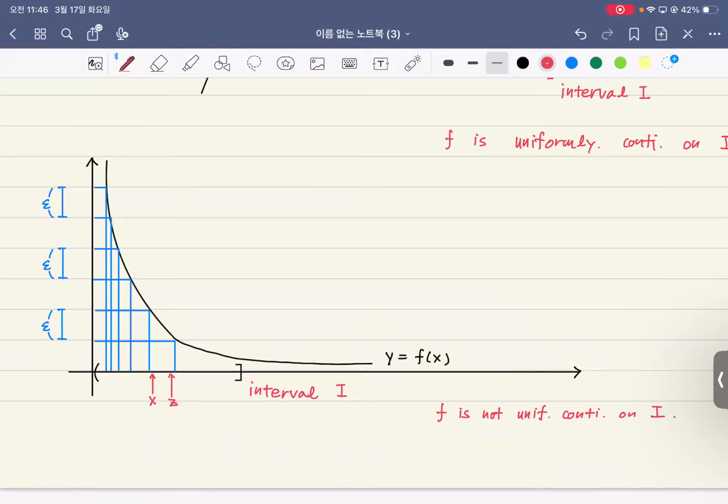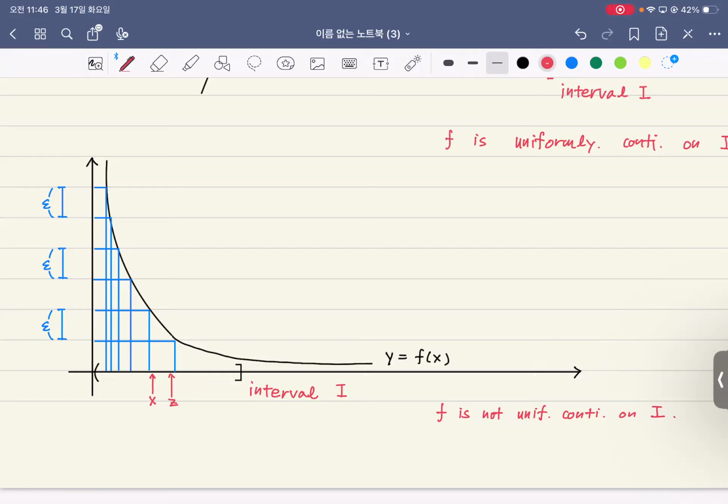I really like this example because it tells us the difference between just being continuous at every single point on interval I versus being uniformly continuous on the interval I. Let me go back to this picture. This is a very nice interval, right? And on this interval, the graph looks very continuous.